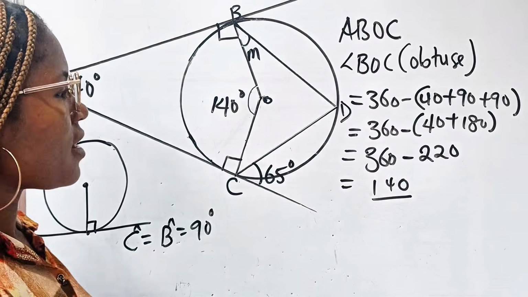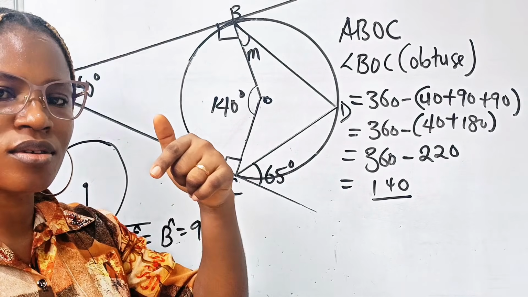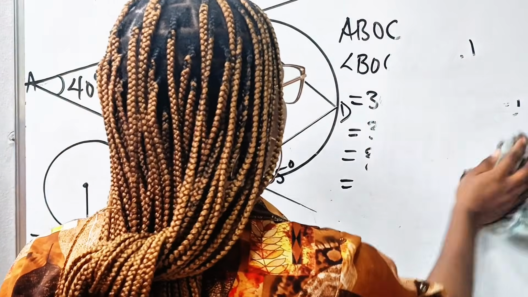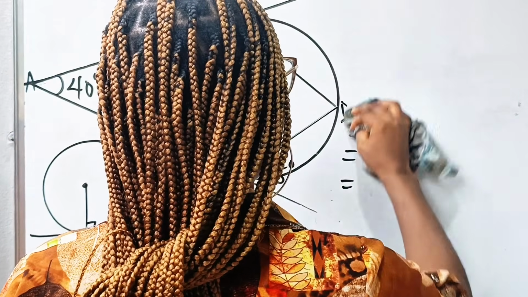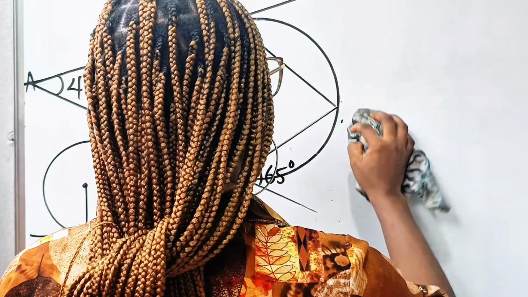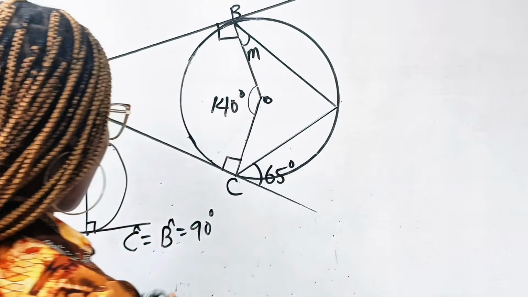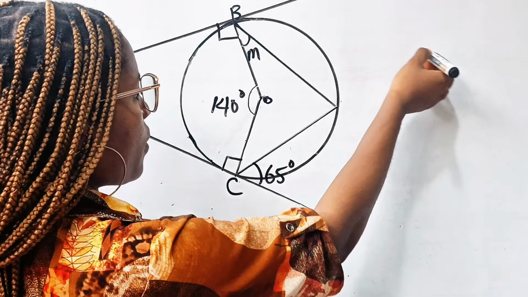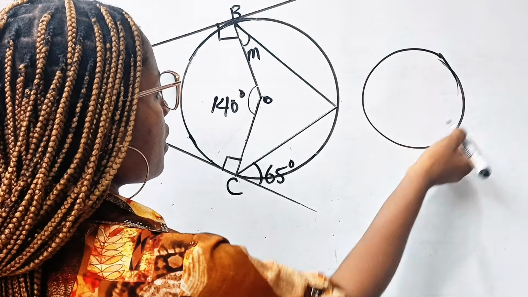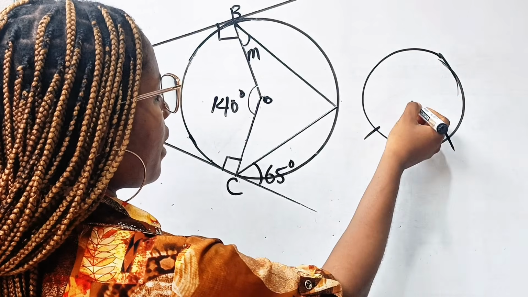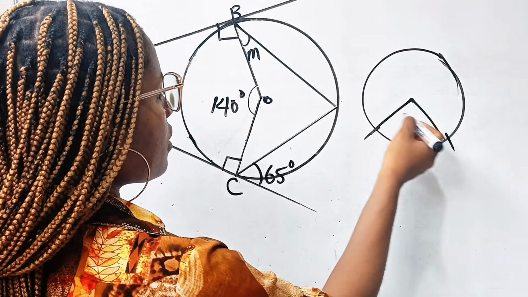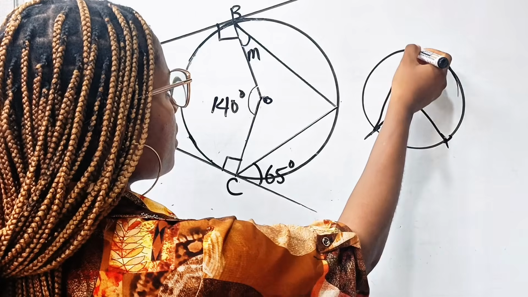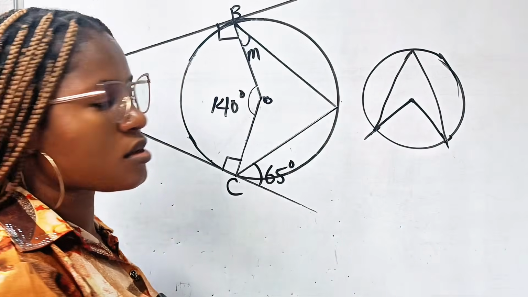Amazing, right? Now let us apply the second theorem, the one we said that the angle at the center is 2 times the angle at the circumference. This theorem states that the angle formed by an arc at the center is 2 times that which it forms at the circumference.